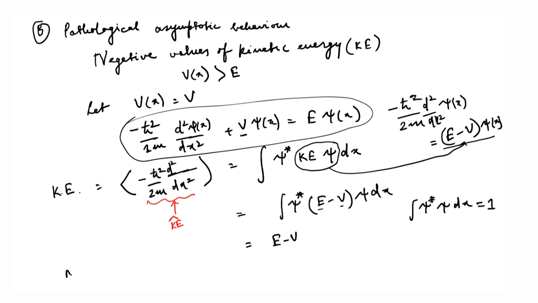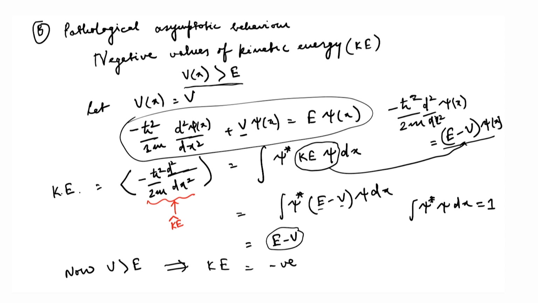Now, if we go back to the beginning, we were talking about V(x) greater than E. So my V is greater than E, which implies that my kinetic energy, given by this term E minus V, will be negative. So in this case we have a negative value of the kinetic energy.